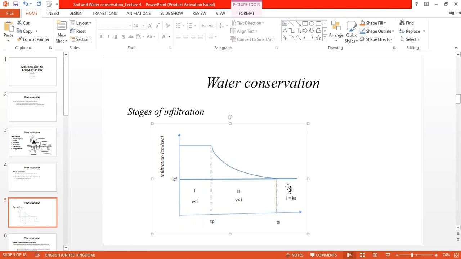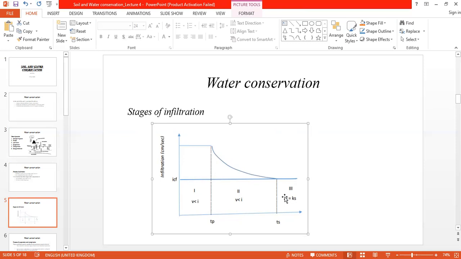So when you reach stage 3, the irrigation rate is higher than the infiltration rate. It means that if you're applying 10 units of water, for example, only 5 will be going into the soil, and the rest of the 5 will be just running off.